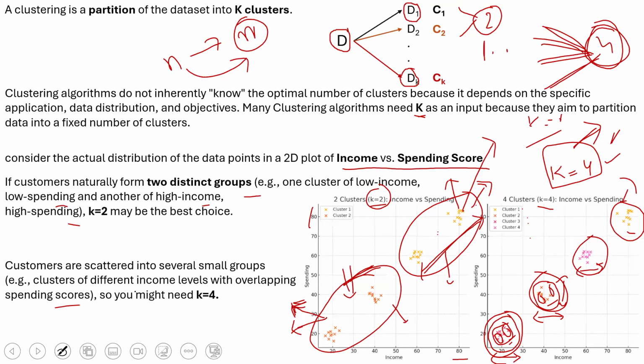Clustering algorithms cannot come up with an optimal k value because in most cases k depends on the business conditions or the data or the subject or the specific application of your data and the objectives that you are trying to find out. Based on those factors, your k value will be dependent. So k is a user-defined parameter.